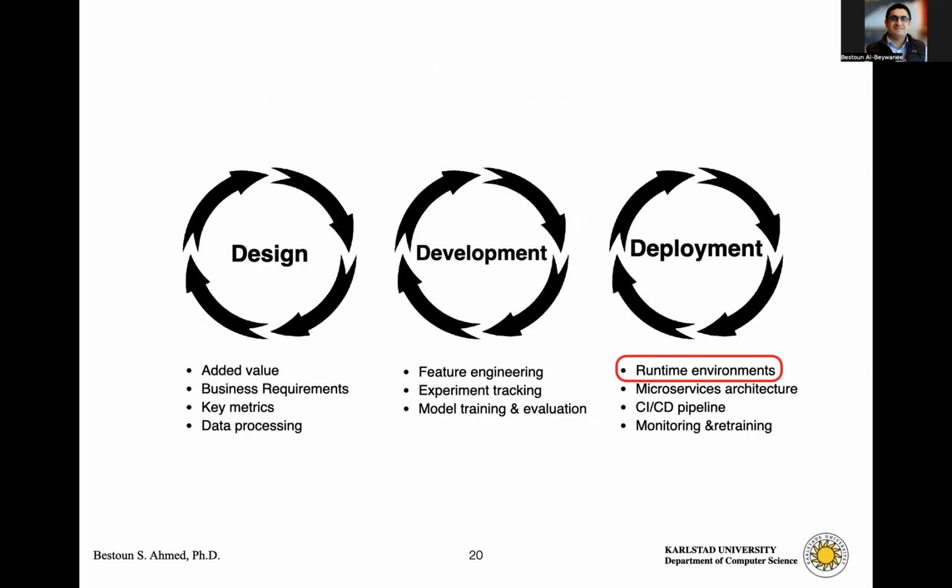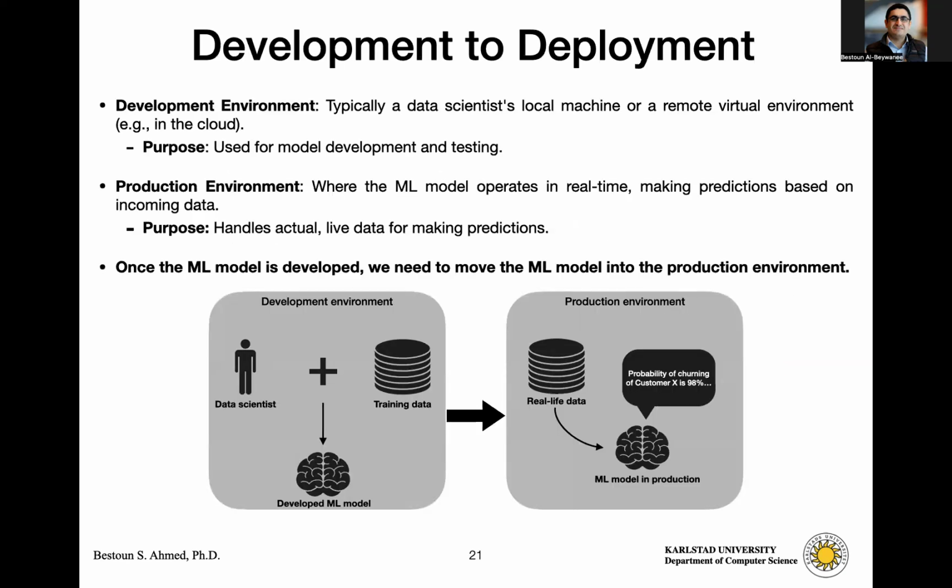Finally, the deployment. There are several things to be considered in the deployment phase, for example, the runtime environment. Sometimes there are two environments. The first is the development environment, and the other one is the production environment.